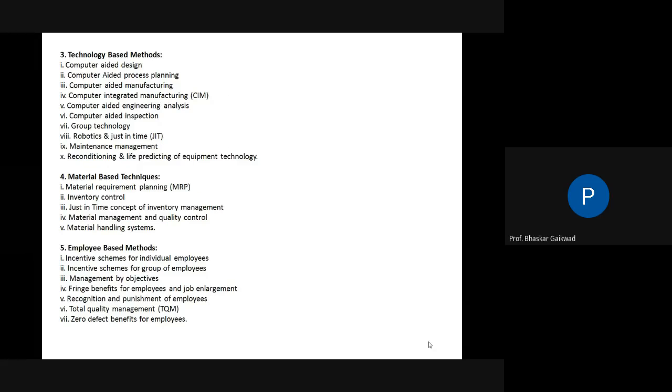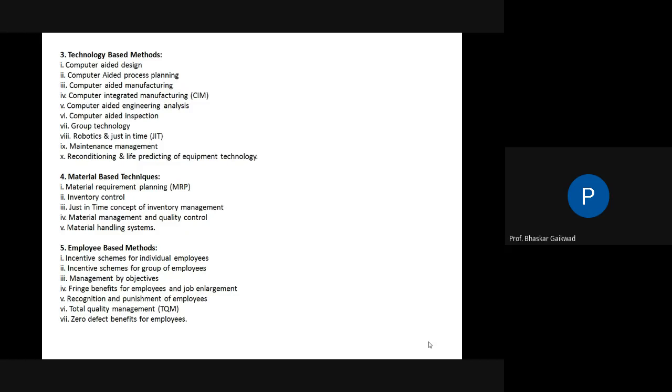Technology: whatever is done manually in industry needs to be developed automatically by using computers. Here computer aided design is there, manufacturing is there, integrated manufacturing system is there, group technology is there, then the reconditioning and maintenance part is there, and the huge cost related to materials, that is material management techniques.